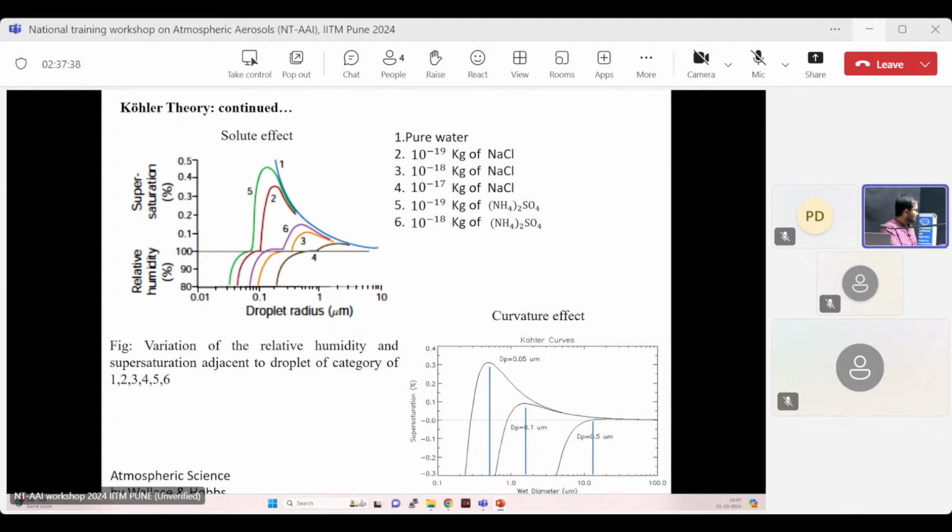When you increase the size, the supersaturation needed for activation goes very low. By the time it reaches 500 nanometer in a real atmosphere, the required RH is almost 100%. So if you have 100% RH in your atmosphere, a 500 nanometer particle can easily get activated. This is for the inorganic ammonium sulfate.